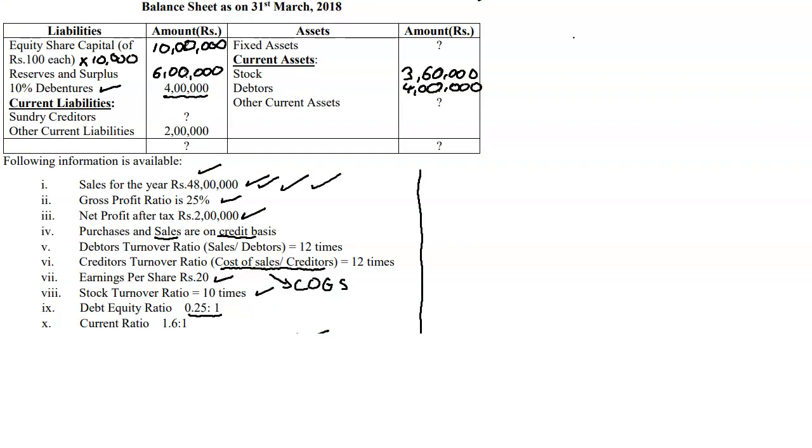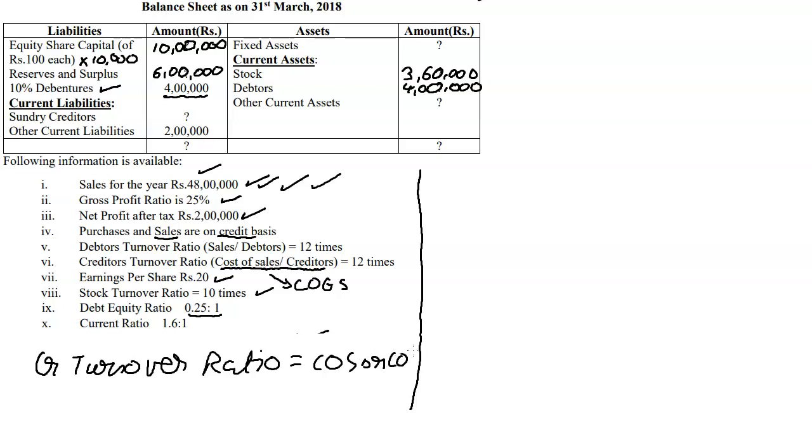Looking at our data, we've been told that the creditors turnover ratio is equal to cost of sales, or COGS, cost of goods sold, upon creditors.